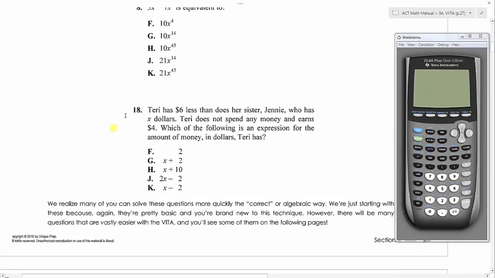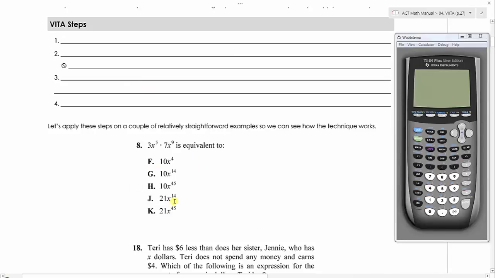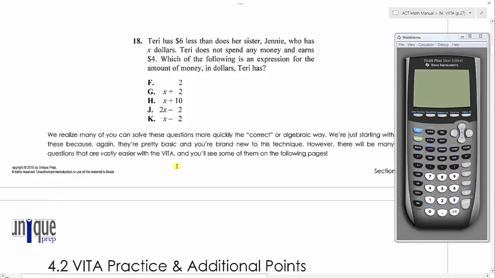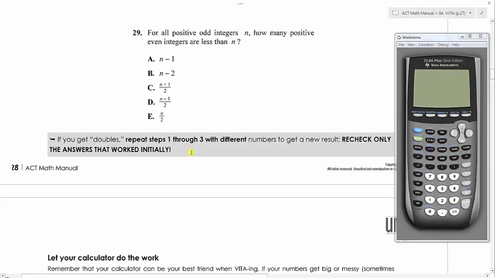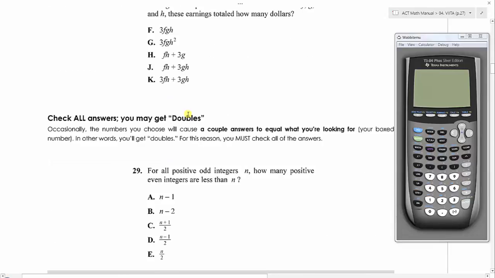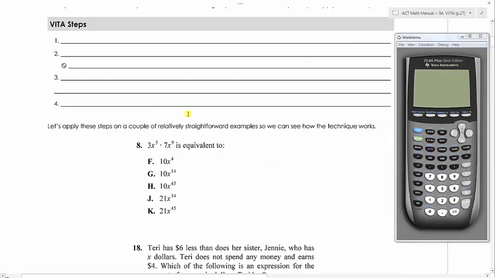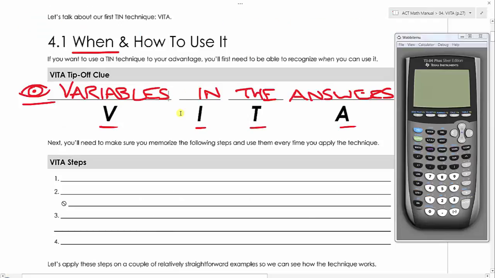So when we see variables in the answer choices, you can look at number 8 and number 18 at the bottom, and in fact every question in this section, you can see variables in the answer choices. The variables in the answer choices is how we know that we can use this technique.